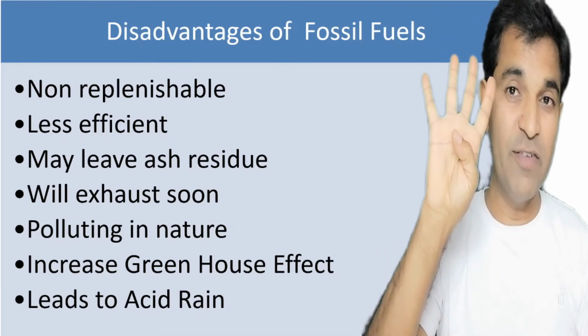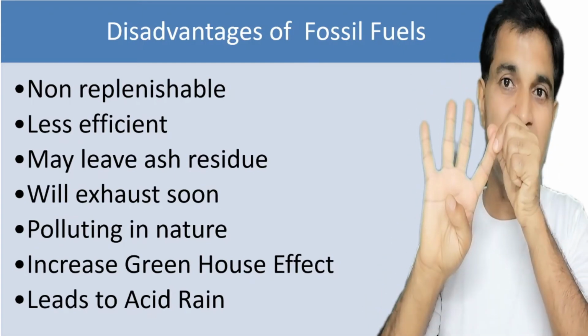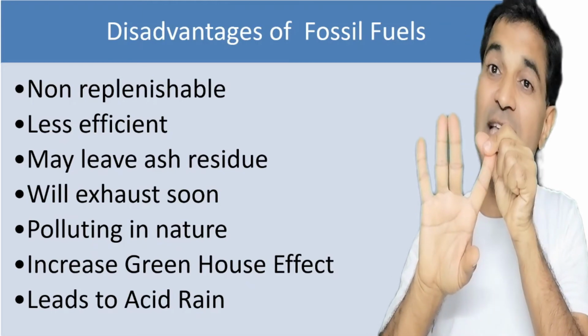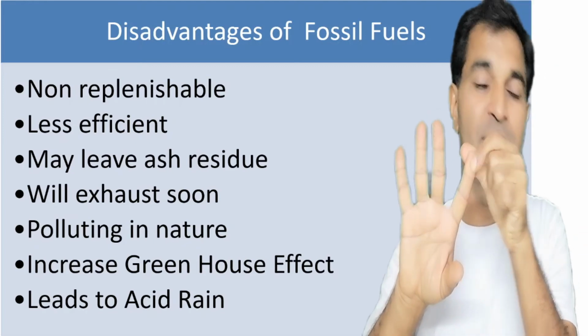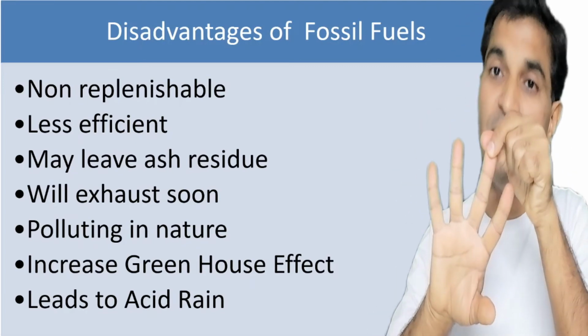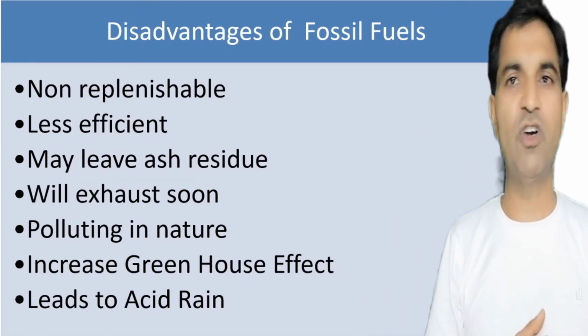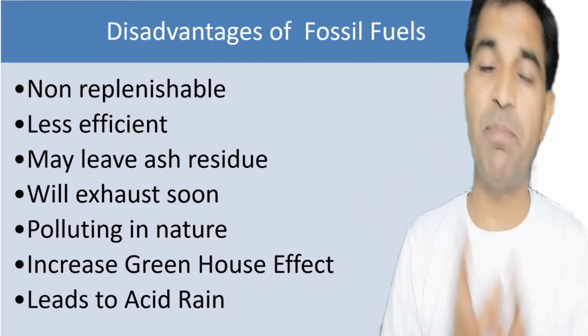Actually, there are 4 different types of coal. What are those 4 types? Anthracite, bituminous, lignite and peat. Anthracite has the highest efficiency, the highest carbon content, as good as 90%. Peat is the inferior quality of coal and has hardly 40% carbon.